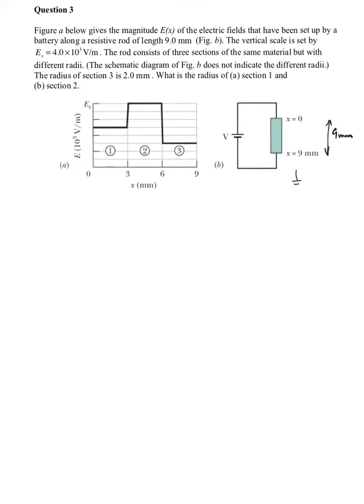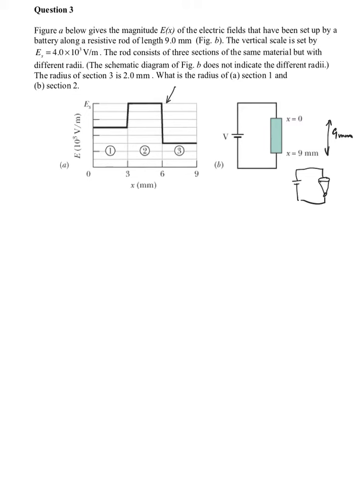There's your battery. You've got a rod that looks kind of like this, with different diameters, and then it comes back around. We're going to be able to work out the diameters of the different sections by looking at what's happening to the electric field within them as a function of position.